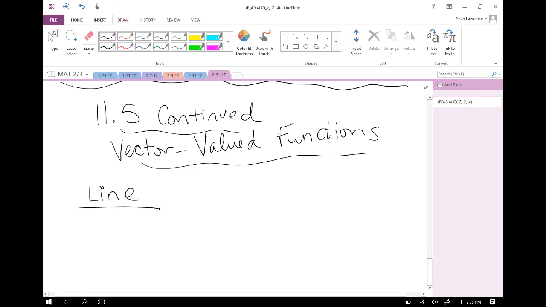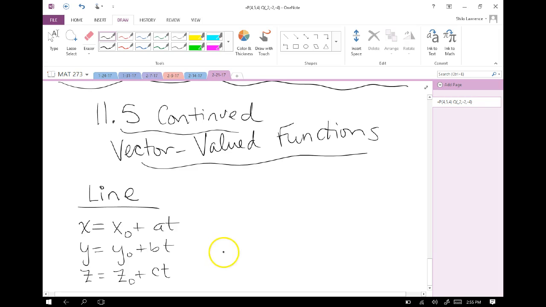So we just finished looking at parametric equations for a line, which we said are x equals x sub 0 plus at, y equals y sub 0 plus bt, z equals z sub 0 plus ct. We said that is one way that we can write it as a set of parametric equations.